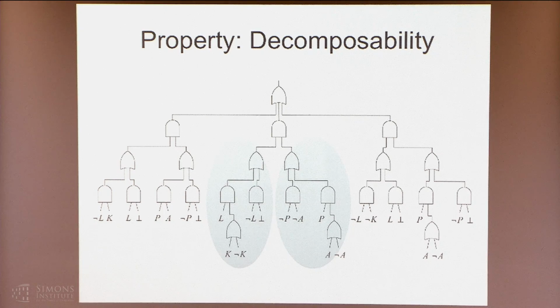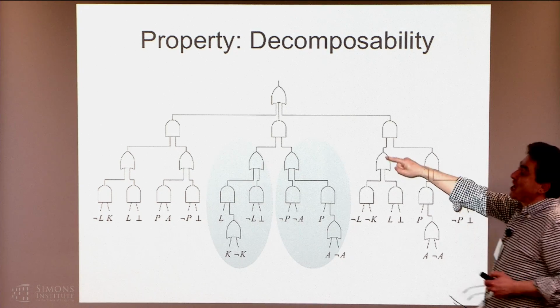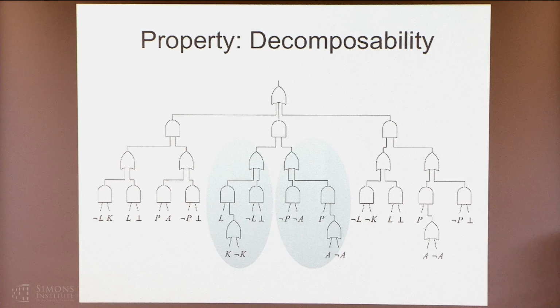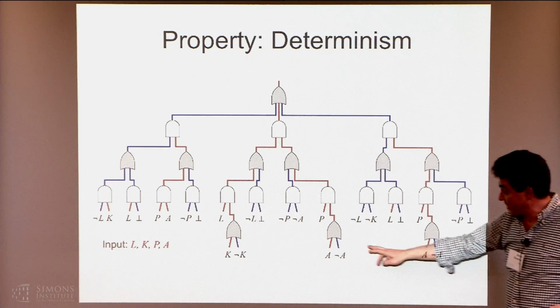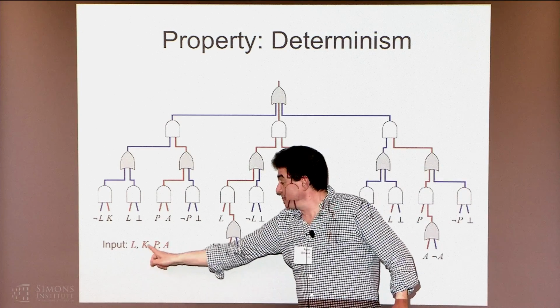If this is a property on AND gates, you get counting by imposing a property on OR gates. And the property is called determinism. By the way, these 2 are old properties that I introduced a while back. It says, for any input that you evaluate the circuit at, no OR gate will have more than one high input. So if you look at this, this is one particular evaluation, with every variable being high.